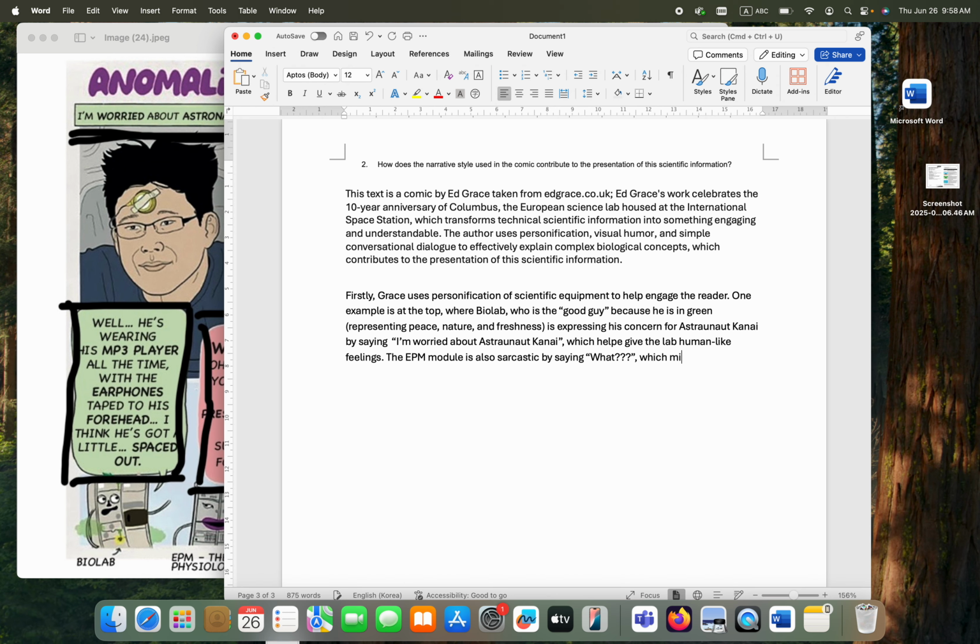Which mimics a dramatic, frustrated colleague. Her text box is in red, which is more of the bad guy. Representing rage and anger.